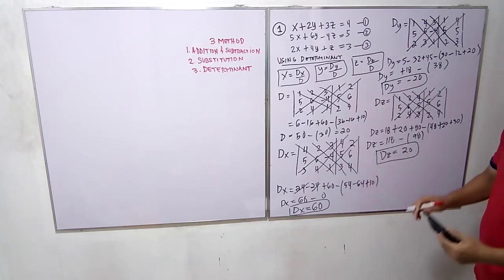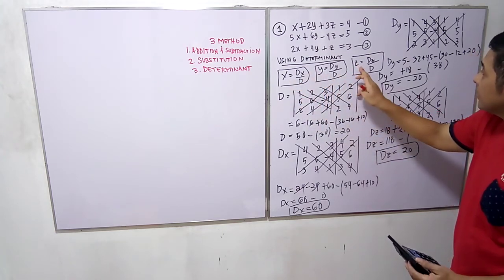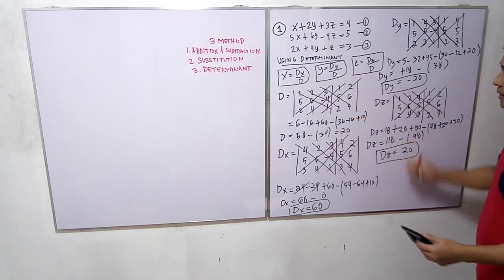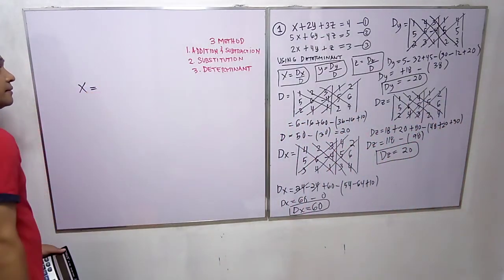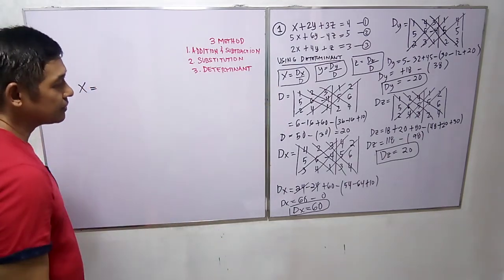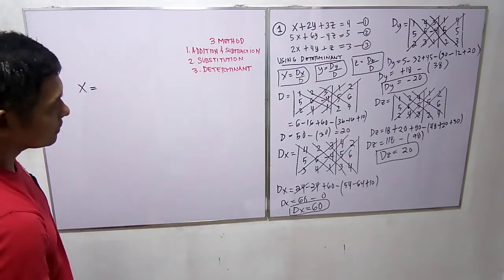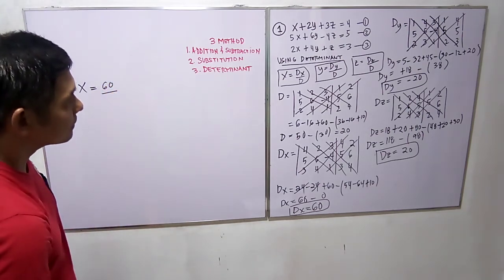So, pwede na natin makuha yung X, Y, Z term kasi given na lahat eh. Nakuha na natin. Therefore, X is equals to dx over d. What is dx? dx is 60. D is always 20.